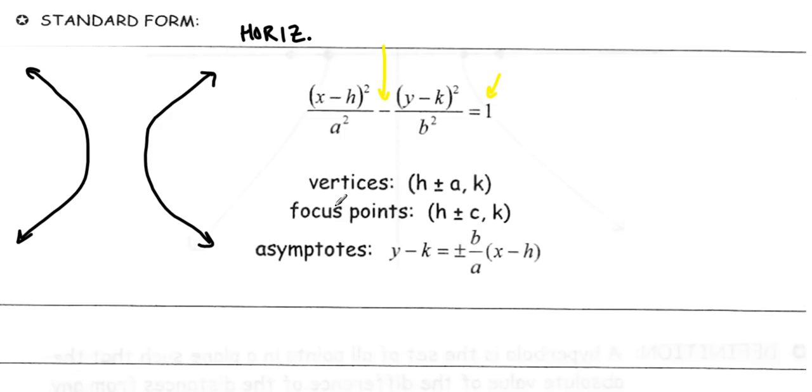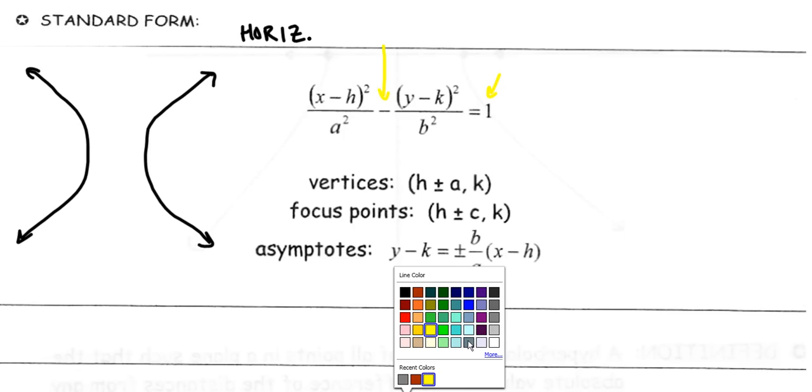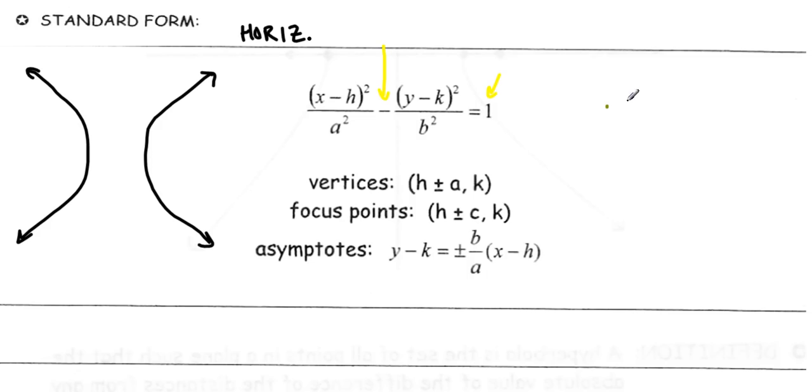Here are our formulas for finding the vertices, the focus points, and the asymptotes of a horizontal hyperbola. One key thing to note with hyperbolas, another difference from ellipses, is that a no longer has to be greater than b. Okay, so a no longer has to be greater than b.